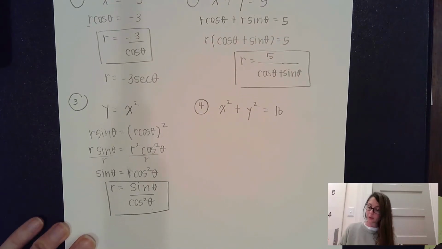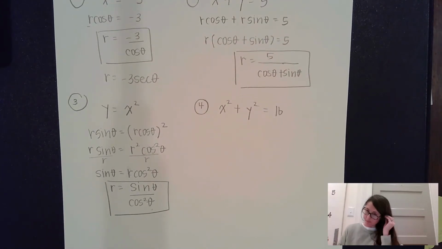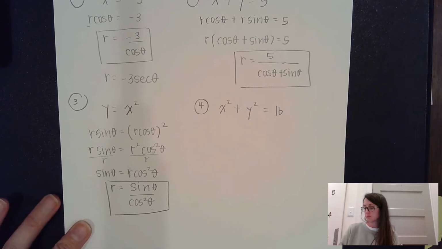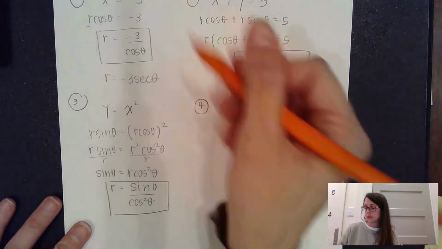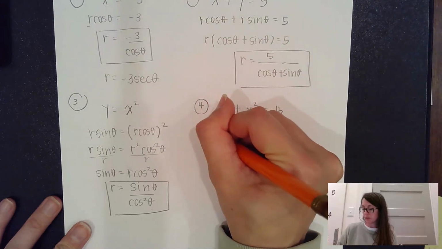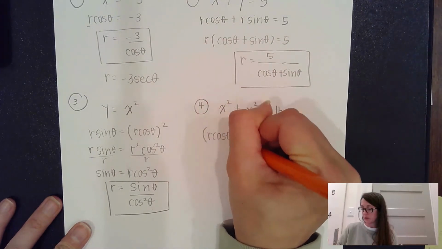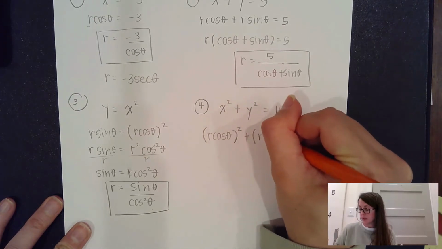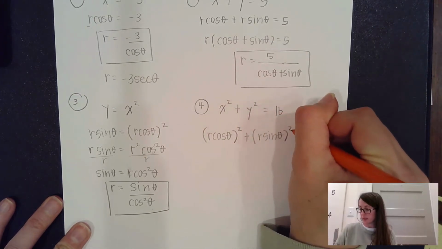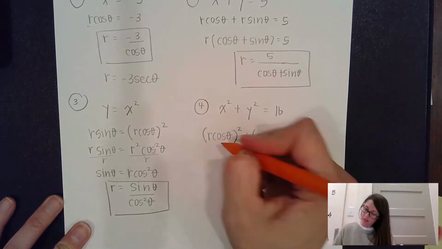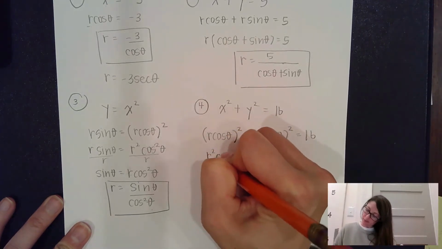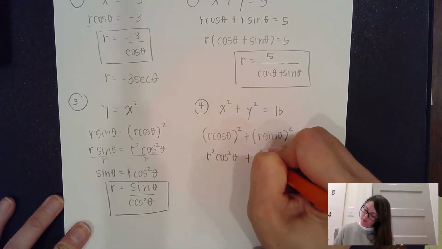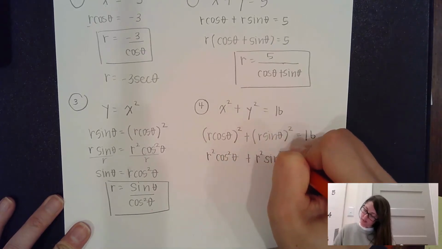What about this one, x squared plus y squared is equal to 16. So x is going to be r cosine theta, all of that squared. Then y will be r sine theta, all of that squared, and then I'll have 16 here. So this is going to be r squared cosine squared plus r squared sine squared.